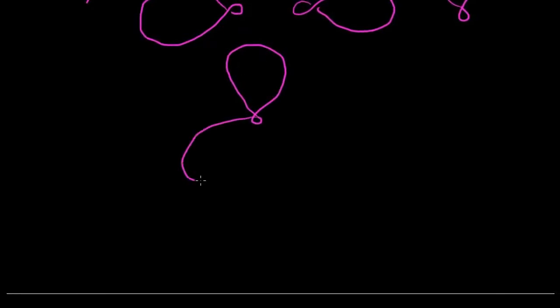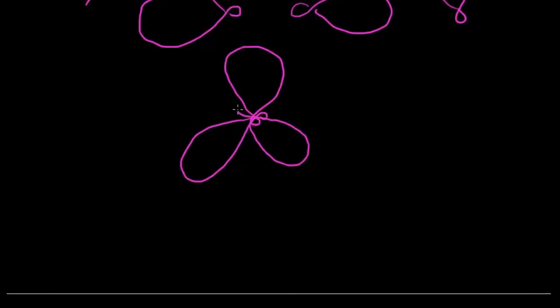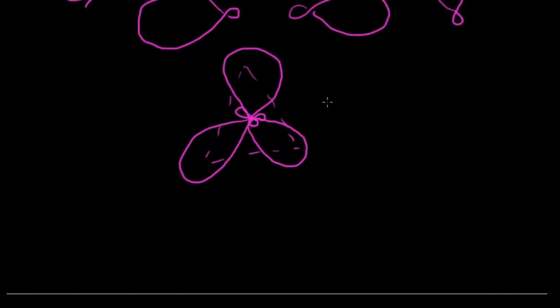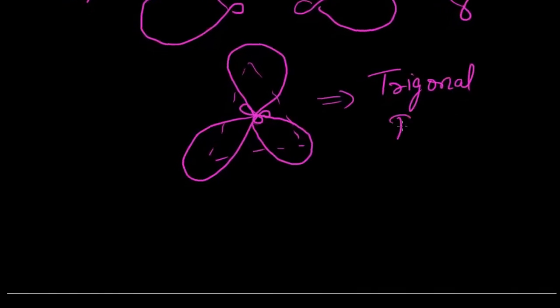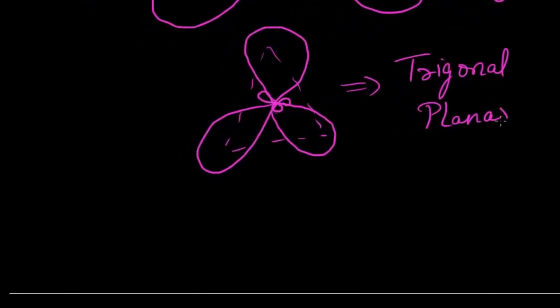Now if we look at the geometry in which they align themselves, one hybrid orbital will look like this, the other one will be arranged 120 degrees apart from this, and the third one will be like this. So it's a trigonal planar geometry. So sp2 hybridization gives rise to trigonal planar geometry.